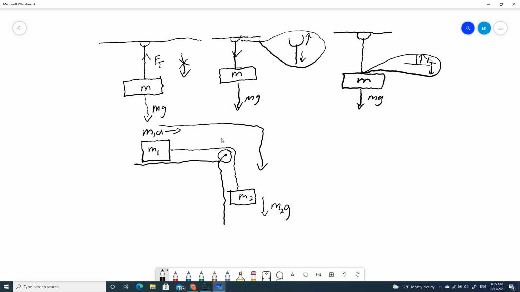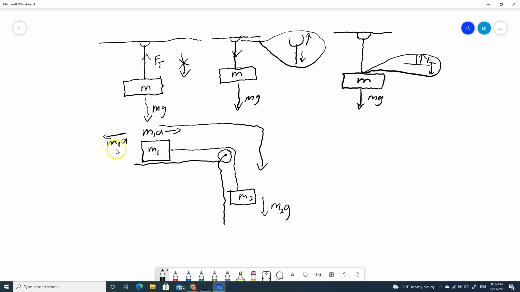M1 also resists it with a force of m1a. It doesn't want to go forward because it has this inertial tendency to resist the motion forward. So to prevent m1a from resisting, the rope has to drag it with a force of m1a. So m1a in this case right here, that's just the inertial tendency.